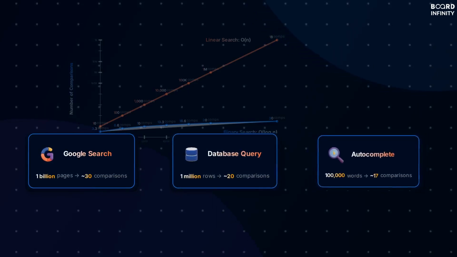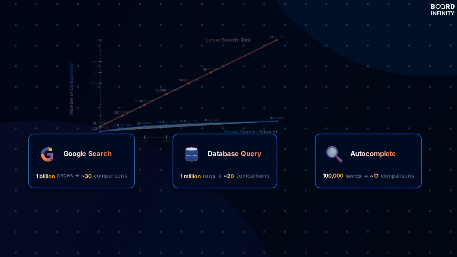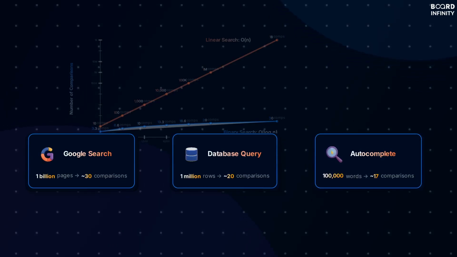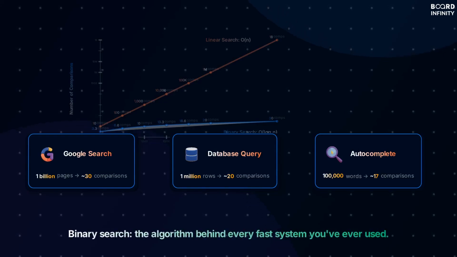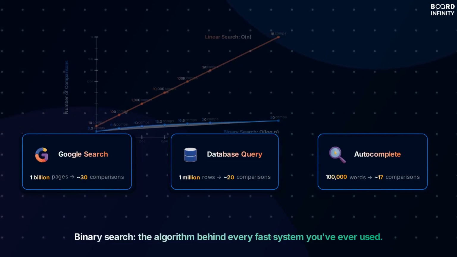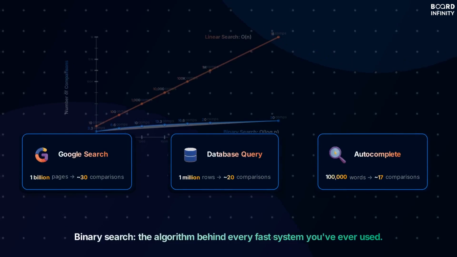Similarly, databases can query millions of rows instantly, thanks to algorithms like binary search optimizing their underlying indexes. And every autocomplete system or efficient search tool you've ever used relies on this principle to process vast amounts of data with minimal effort. It's not just faster, it's fundamentally different.